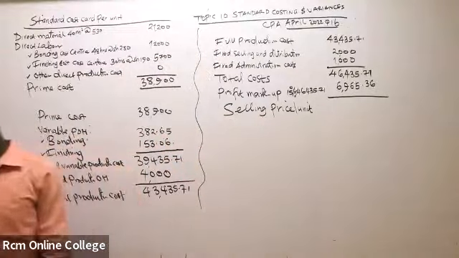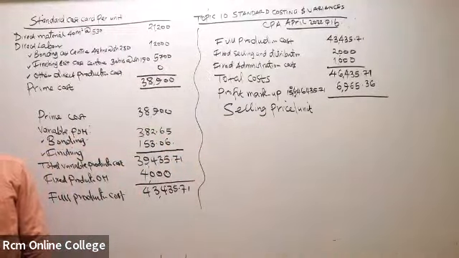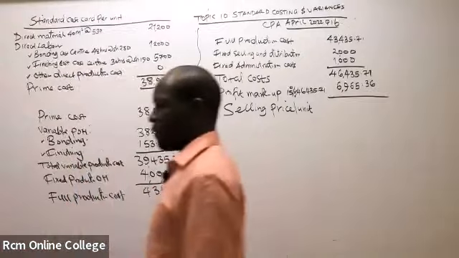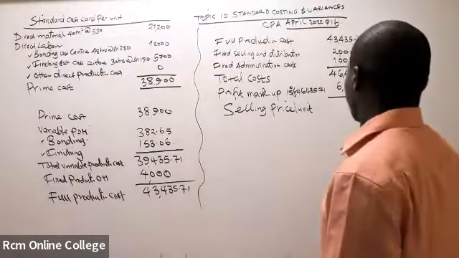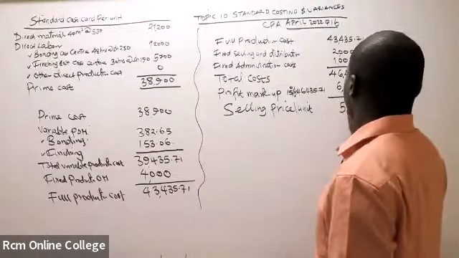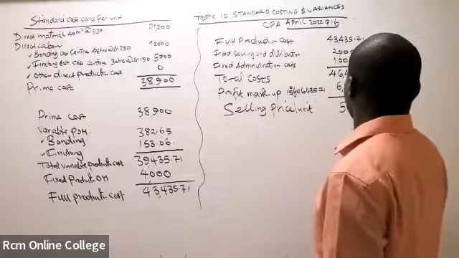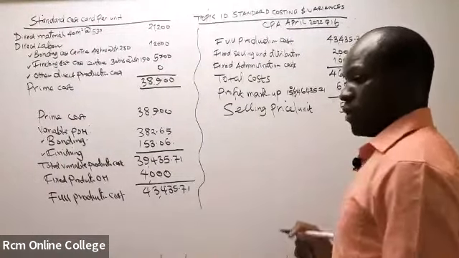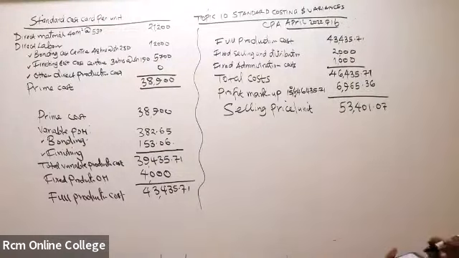Budgeted selling price itakuwa ngapi? $53,401.07. Is that what we are getting?